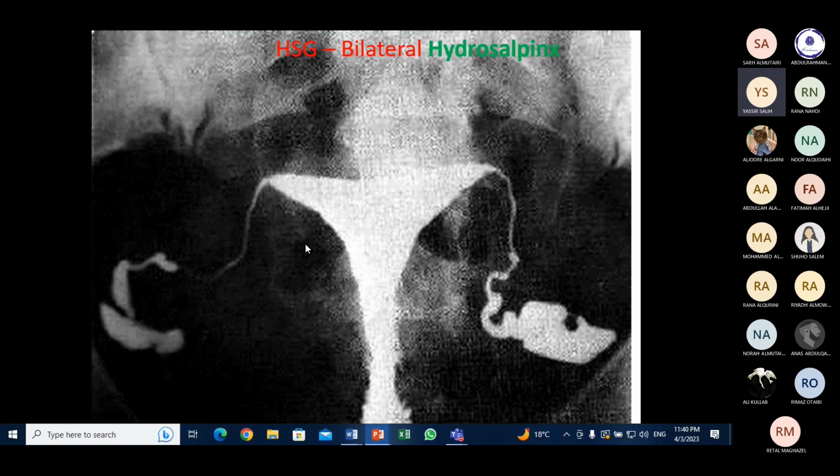But in this one you can see the contrast occupying the uterine cavity, and if you follow the left fallopian tube you can see it is normal, but in this part there is no spill. There is no contrast spilling, and the left tube is dilated.